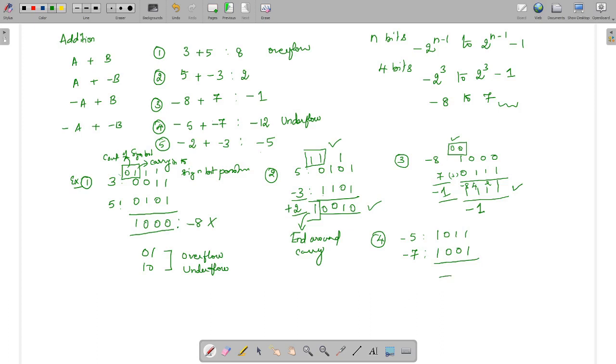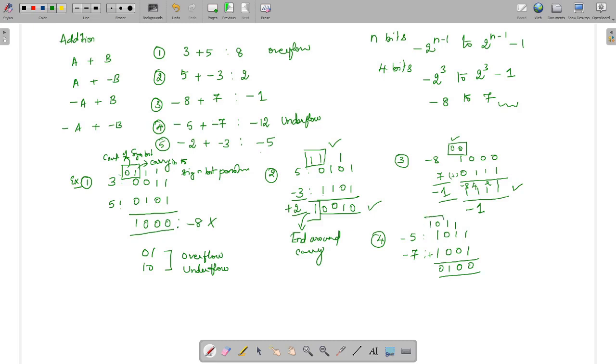Now add these two numbers. 1 plus 1 is 0, and 1 plus 1 is 0, carry 1, and here it is 0, carry 1, 1, and here there is no carry. 1 plus 1 is 0, carry 1.